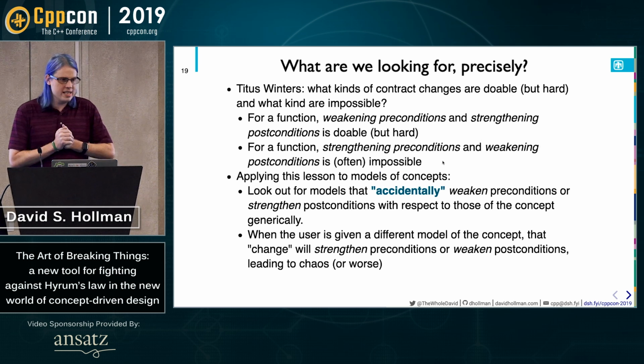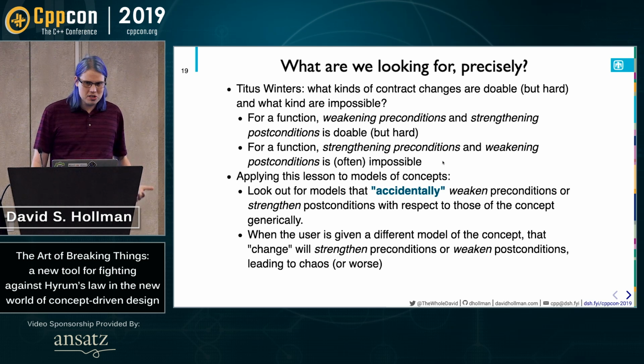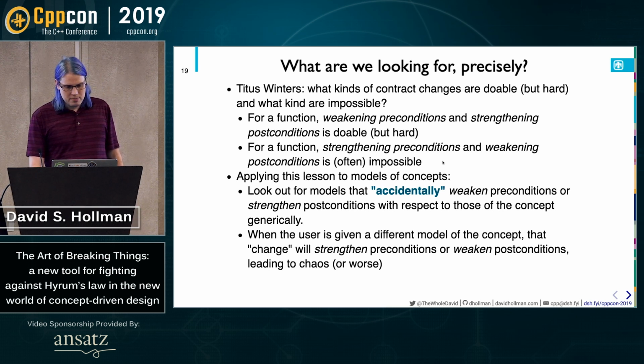And that'll lead to chaos, or I say or worse, because you may just end up being forced to change the contract of your concept to something that is less ideal for your use case. And we've seen that a couple of times at Sandia with these kinds of problems.